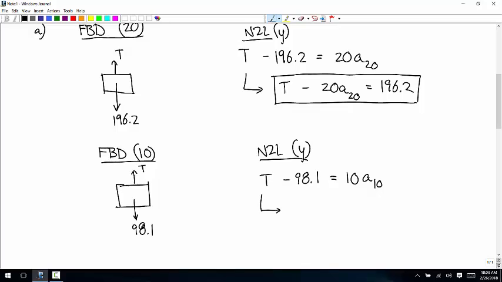They're equal and opposite, so we'll deal with that in a second. So T minus 10A10 is equal to positive 98.1.